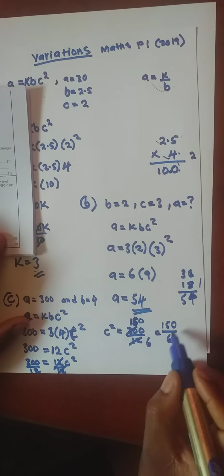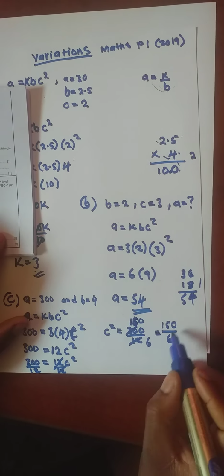So our value of C will be positive or negative 5, because the answer that comes from a square root can either be positive or negative. So we have two answers, positive 5 or negative 5. Always remember, when you're calculating a square root, the answer can be positive or negative.